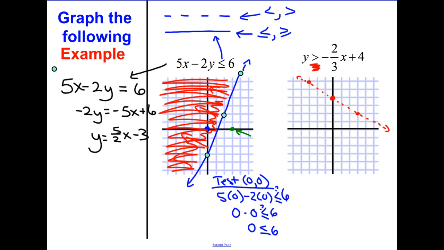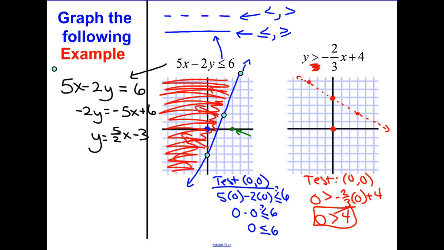So now again, I'm going to put in a test point to figure out which way I need to shade. So I'm going to test, and again, my good old buddy (0, 0) is a point that I can test right there. And so I'm going to plug that in. So 0 is greater than or equal to negative 2/3 times 0 plus 4. Okay, well we have 0 is greater than or equal to 4.